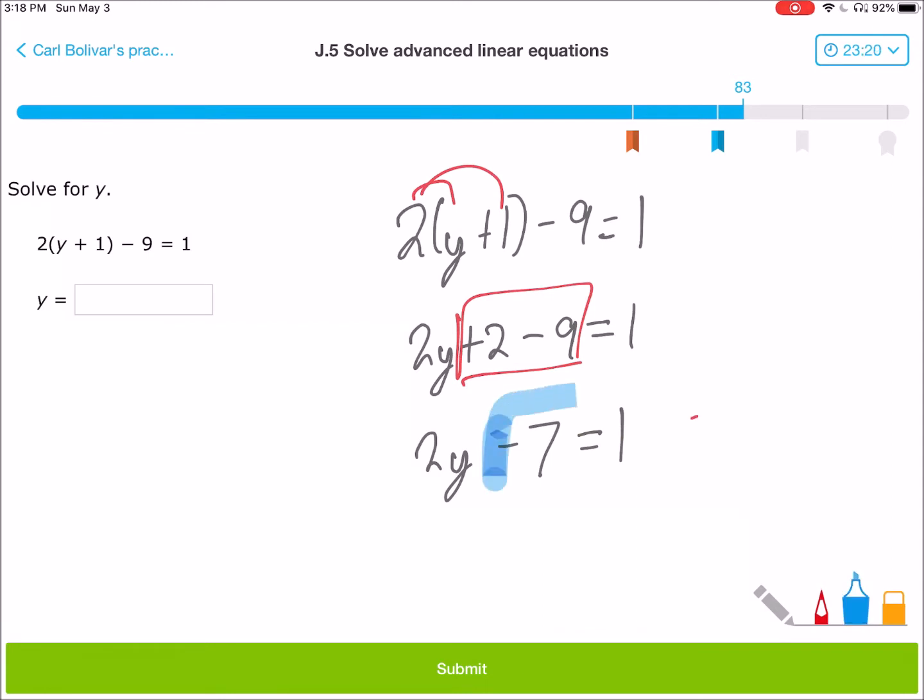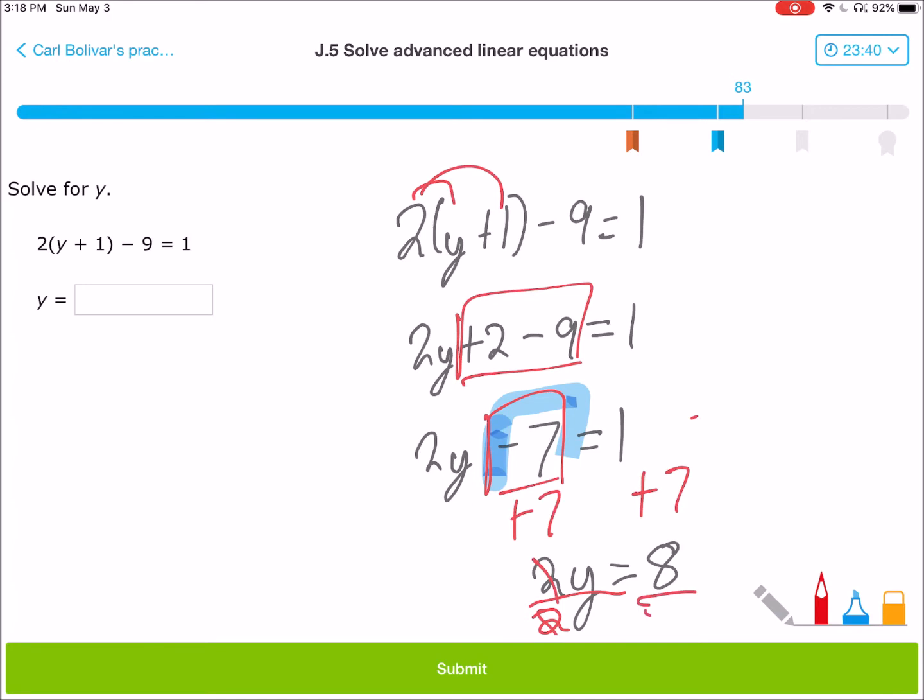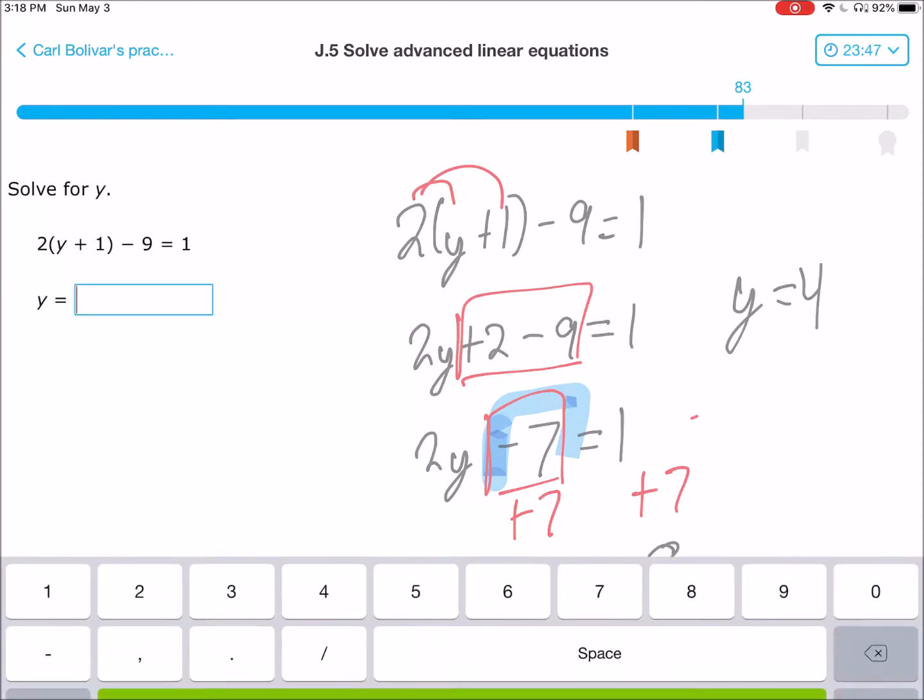I will take this to the other side, so I would add 7, and this would give us 2y is equal to 8. So let's divide each side by 2. That would give us y is equal to 4. Our answer is 4.